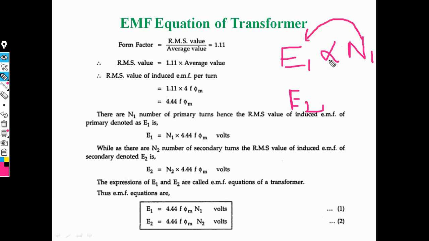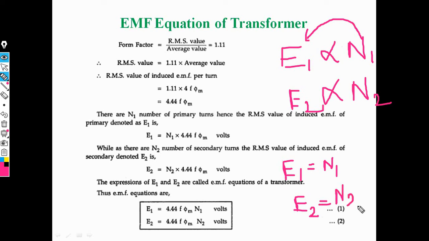That is, E1 is directly proportional to N1 and E2 is directly proportional to N2. Now E1 is equal to the induced EMF times N1, and E2 is equal to the induced EMF times N2.